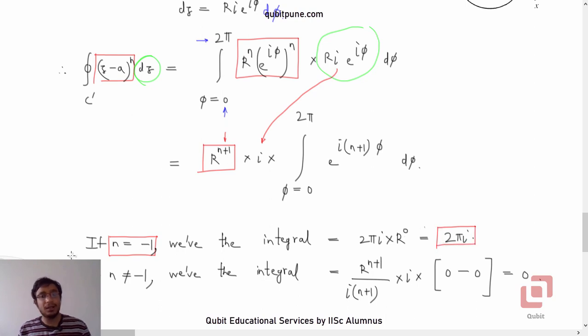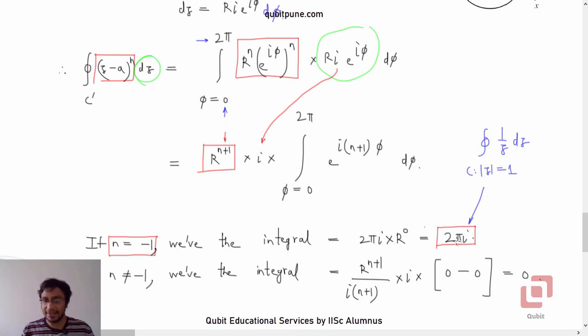Now note that in the one that we solved in our previous class, the integral of 1 upon z with respect to z, where C was the unit circle, we had got the same answer there. Now we have found a more general version of that.